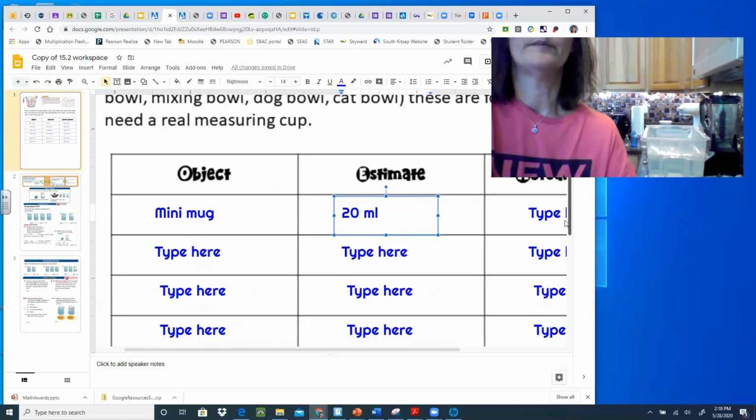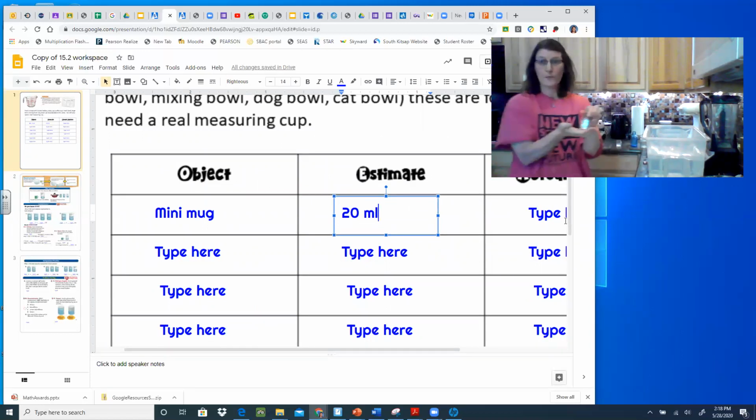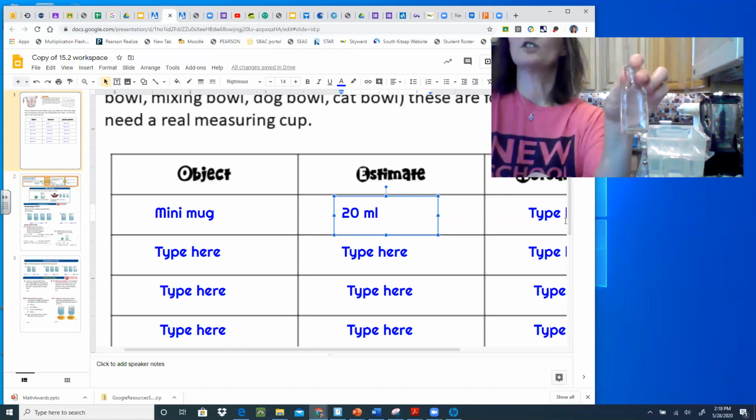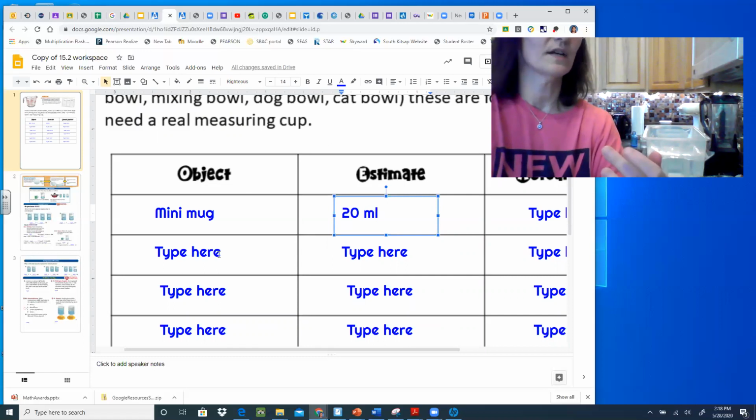Okay, my next container, we're going to call that one small clear bottle. No, it's not actually a perfume bottle. I don't know what it once held.